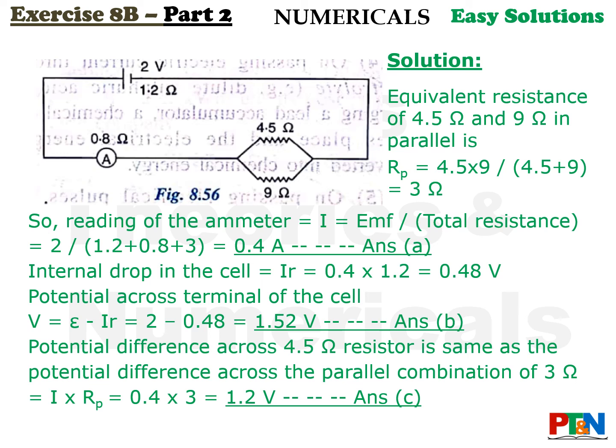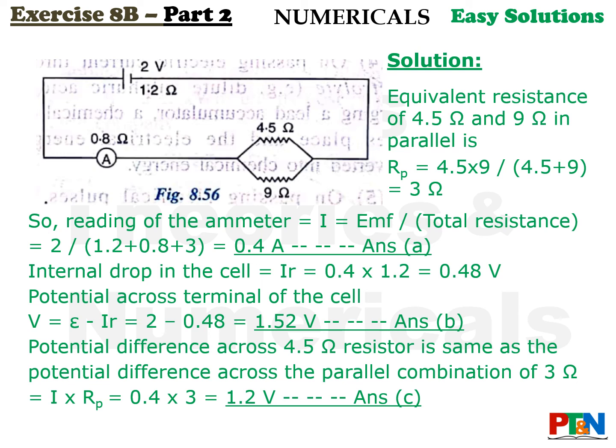That will be the ammeter reading. Now internal drop in the cell, you got the value of current, so I into R, that will give you 0.4 into 1.2, that is 0.48 volt is the internal drop. So potential difference across the cell will be E minus Ir, that is 2 minus 0.48, that is 1.52 volt.